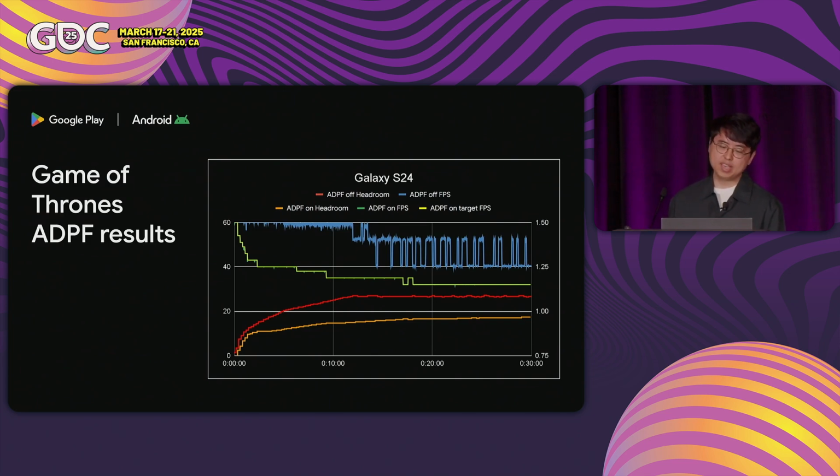Most importantly, they achieved a significant reduction in thermal throttling. The thermal headroom value is never over 1.0. The average thermal headroom is reduced from 1.04 to 0.92, which is an 11% reduction. That ensures long and constant gameplay. This translates directly into a reliable, enjoyable, and consistent experience for the Game of Thrones: Kingsroad players.